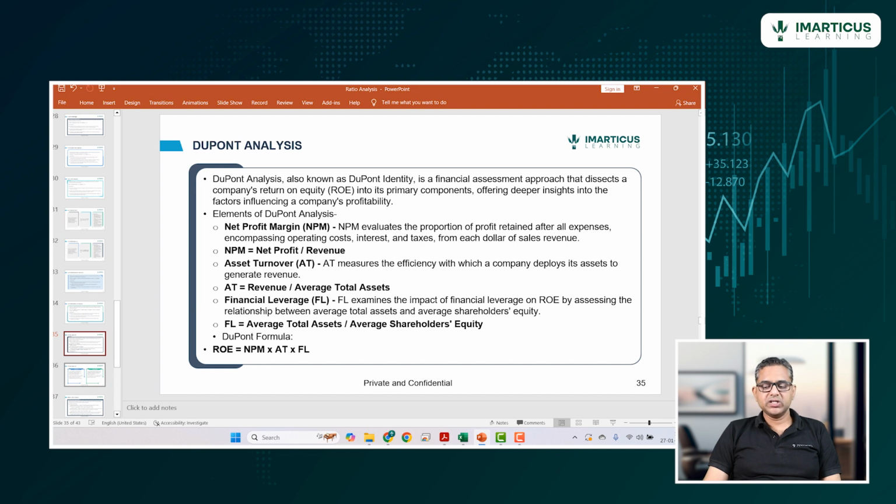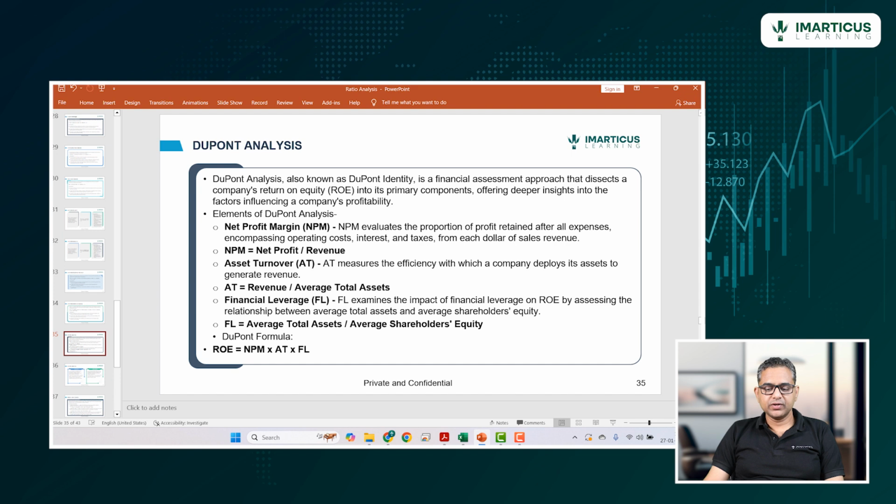into financial leverage, which examines the impact of financial leverage on ROE by assessing the relationship between average total assets and average shareholders' equity. So this is calculated as average total assets upon average shareholders' equity. If we multiply all these three, what we get is net return on equity.